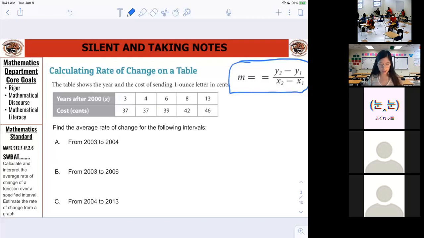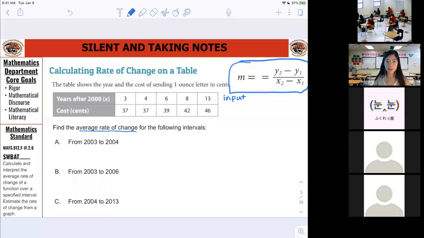And now I'm going to go ahead and calculate the average rate of change from the following intervals. So let's see what this says. The table shows the year and the cost of sending a 1 ounce letter in cents. And the x values, the input values, are representing years after 2000.